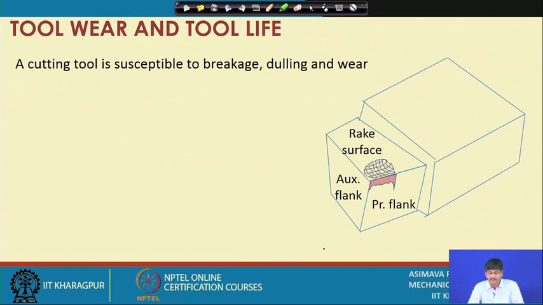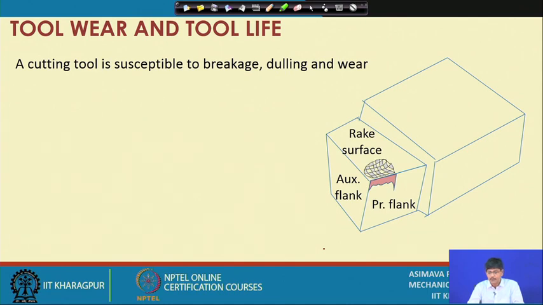If it experiences wear and tear, there will first be rubbing of the principal flank against the tool surface, and rubbing of the chip with the rake surface. The bottom side of the chip will be rubbing against the rake surface, and the auxiliary surface will also be touched somewhat by the rubbing with the finished surface.